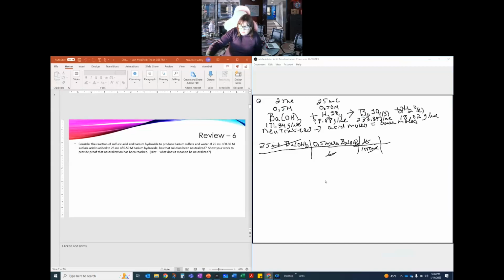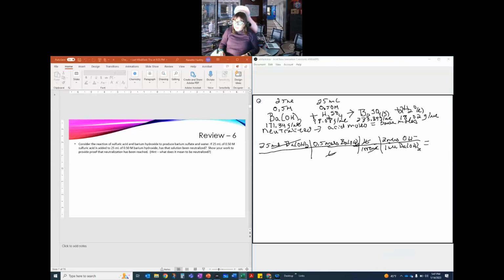I don't really care about the Ba(OH)2. What I care about is the OH minus. So I know that 1 mole of Ba(OH)2 contains 2 moles of OH minus. And so I can calculate the number of moles of OH minus that I'm looking at.